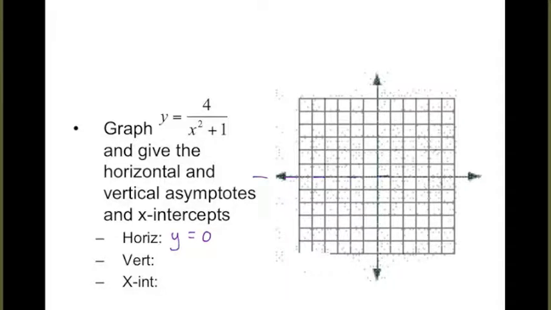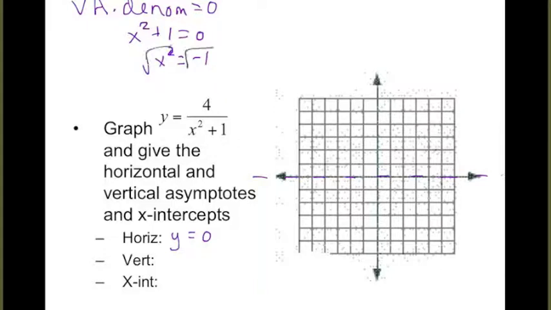So we can plot that into our graph. Vertical asymptotes happen where the denominator equals 0. So we're going to say x squared plus 1 equals 0, which means x squared equals negative 1. And I take a square root, and what do I get?